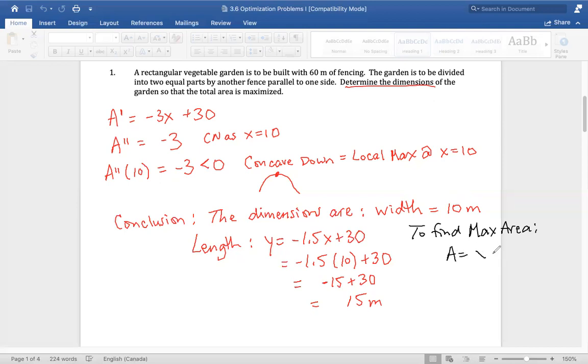Area equals your length times your width. If this is what your maximum dimensions are, then I've got just 10 times 15. And so your maximum area would be 150, and just make sure you have the right units there, meters squared. So hopefully that one is okay.